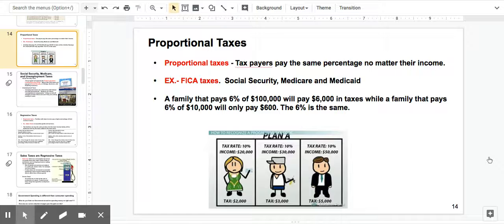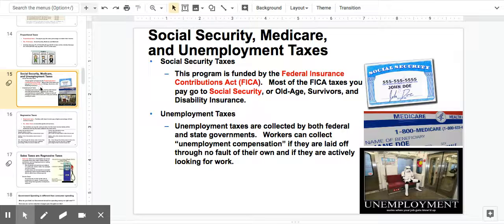The most common examples of proportional taxes are FICA taxes, so Social Security, Medicare, and Medicaid taxes. Now, if you remember, Social Security and Medicare go to the elderly, something that they qualify for after a certain age, while Medicaid goes to people who have lower incomes.